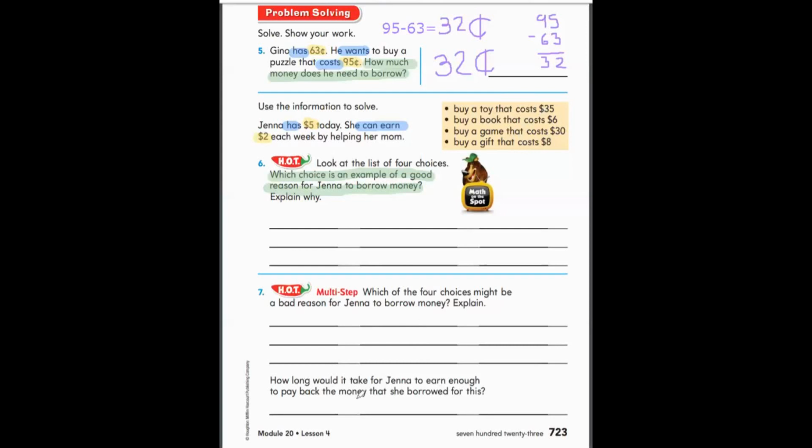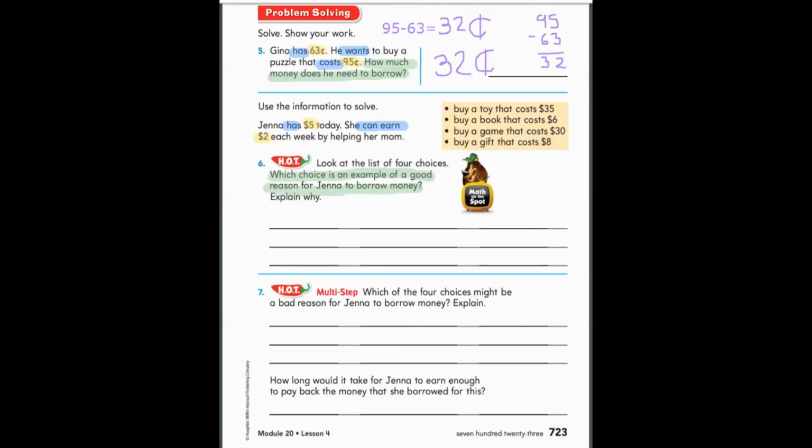How long would it take for Jenna to earn enough money to pay back the money that she had borrowed for this? So you give me a bad reason and how many weeks it is going to take her to pay back.